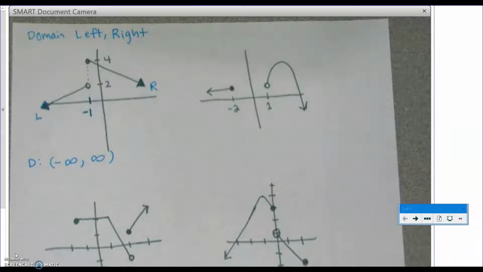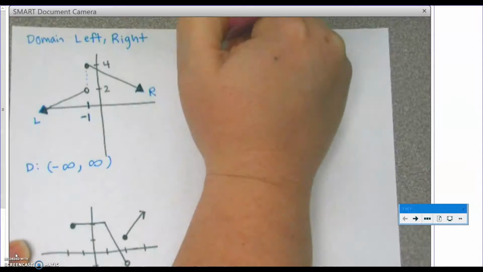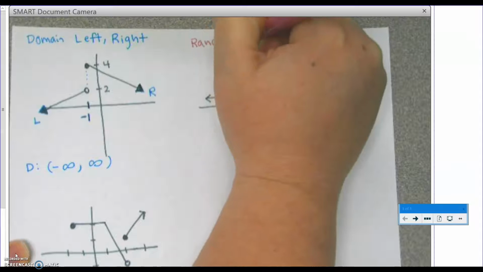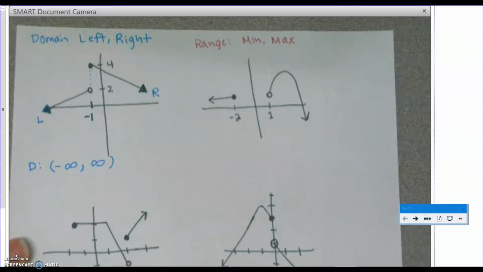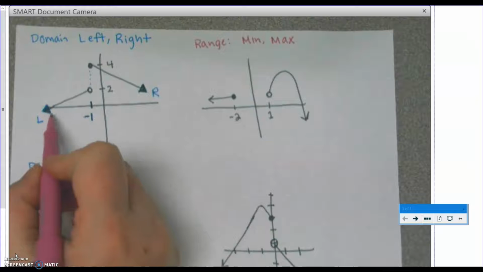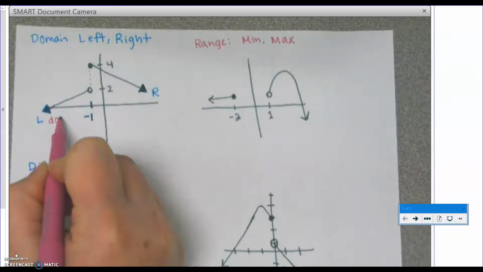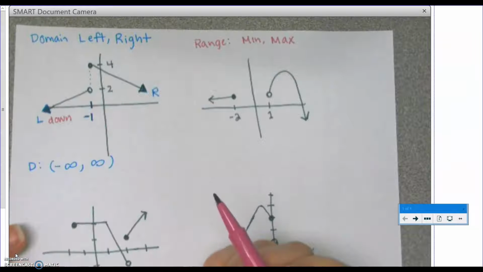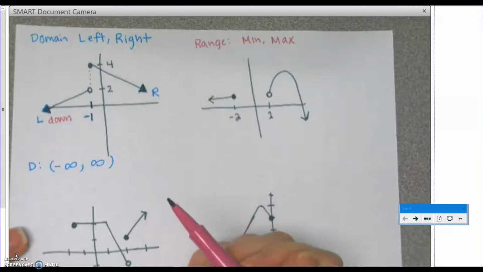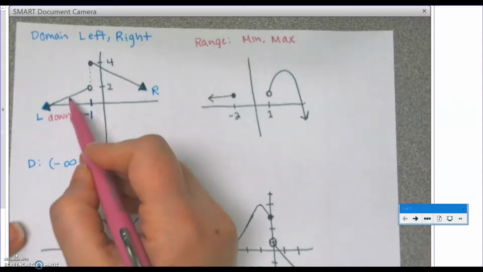All right, range is low to high, minimum to maximum. So I'm going to notice that I do have a piece over here that is pointing down. That piece is going into the negative y value of the graph. So I'm just going to trace it up.